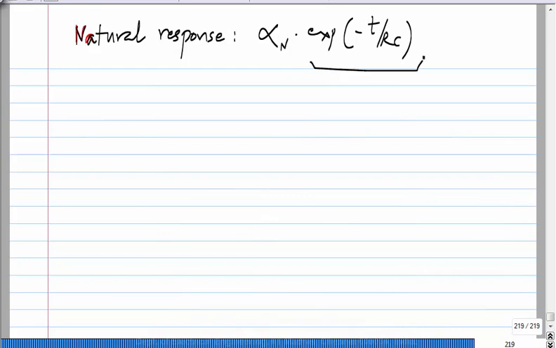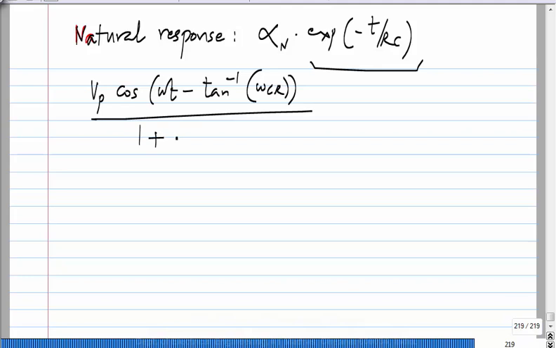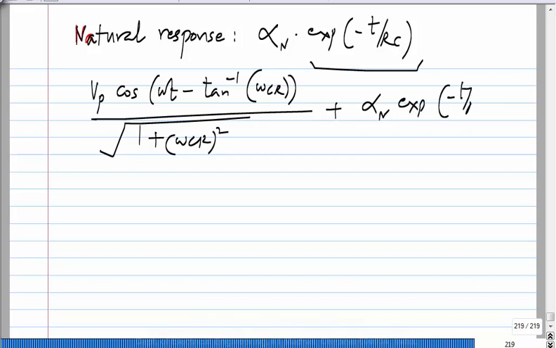Okay. So the total response is going to be Vp cos omega t minus tan inverse omega Cr divided by the square root of 1 plus omega Cr square, plus alpha n exponential minus t by rc. This is Vc of t.